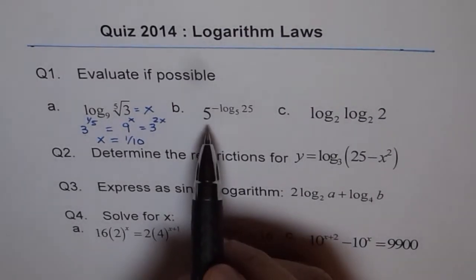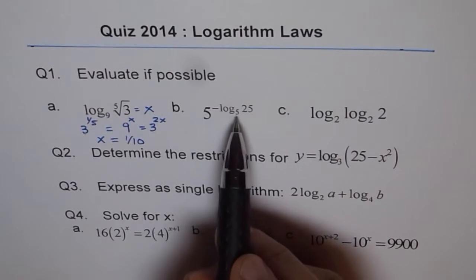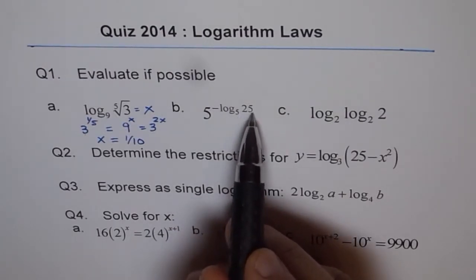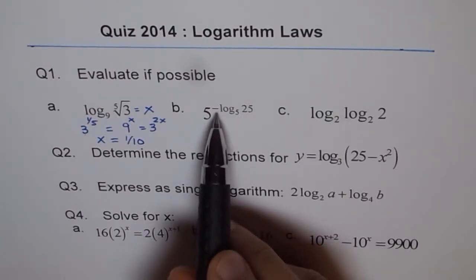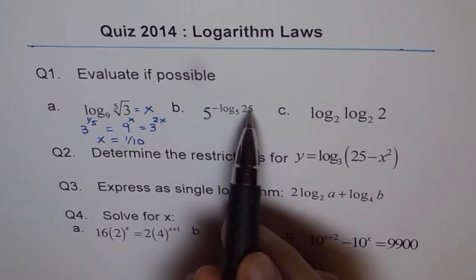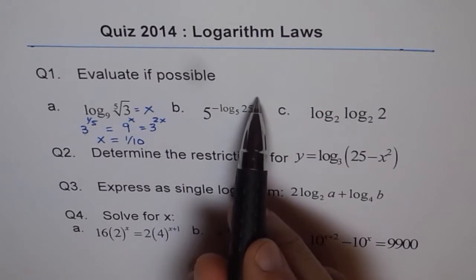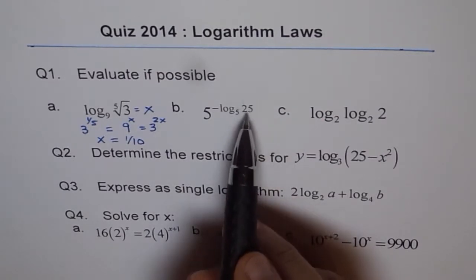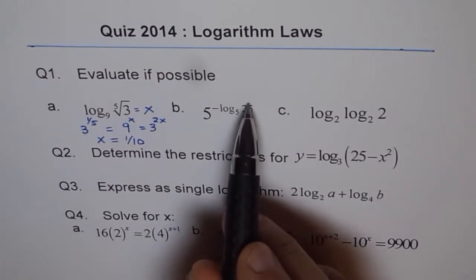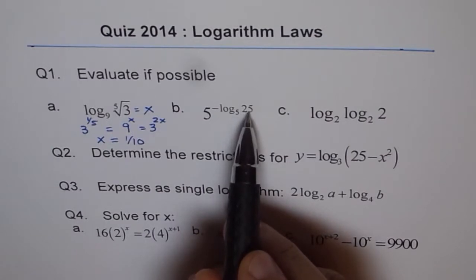Now here, 5 to the power of minus log base 5 of 25. So this minus means you could write this as 25 to the power of minus 1. Do you understand? That is 1 over 25, and 1 over 25 is 1 over 5 squared.